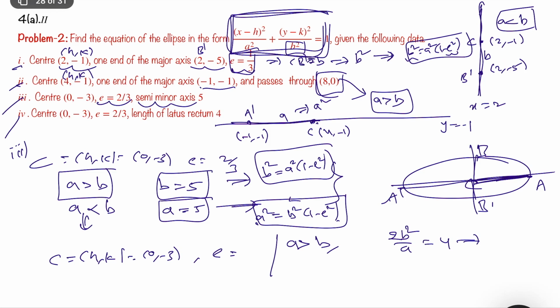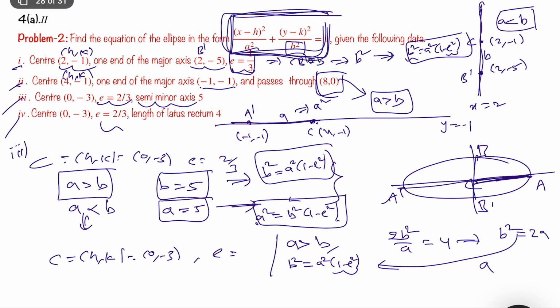From that you have one relation, b square equals 2a. We also have one more relation when a is greater than b, that is b square equals a square times 1 minus e square. e is given, so if you plug it in here, from these two you can get the a value, and from that you can get the b value. So you can write down this equation.